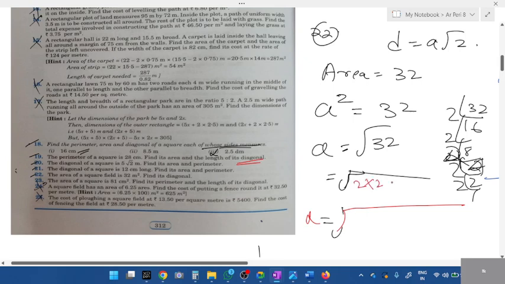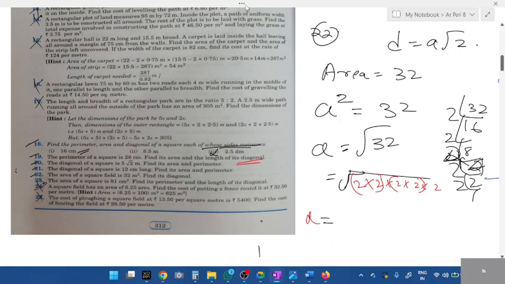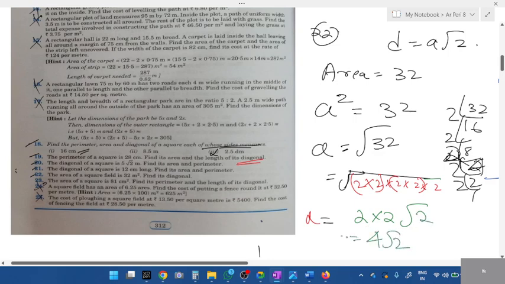So 2 is multiplied 5 times. In that you have to group only 2 like numbers. A value is equals to, you take 2 into 2. The other root 2 will remain in the root itself. 2 2s are 4 root 2. We got the value of A.